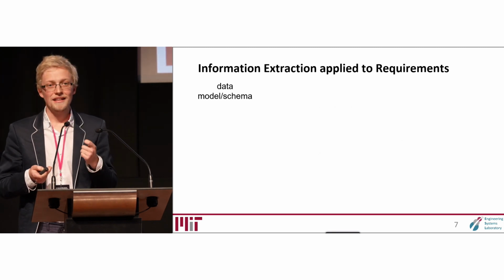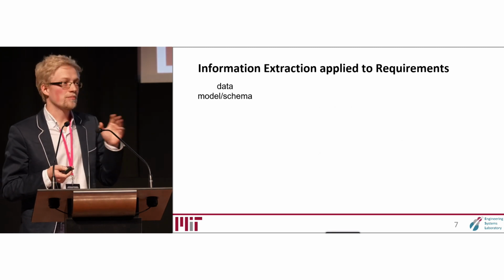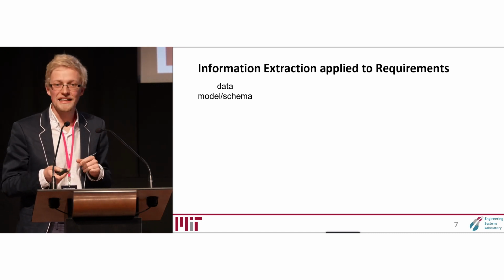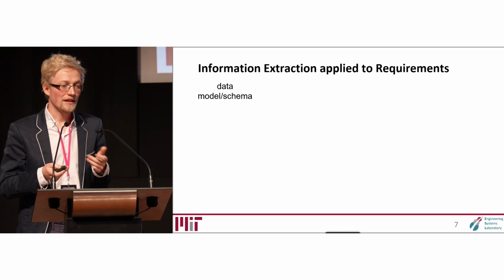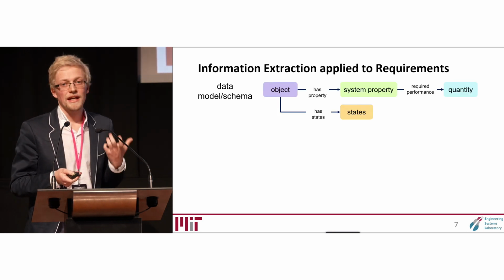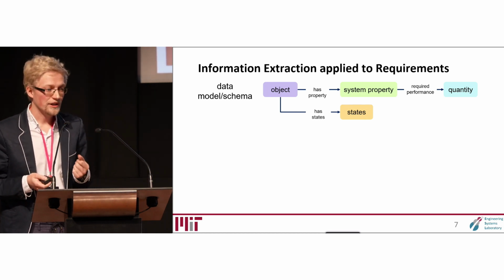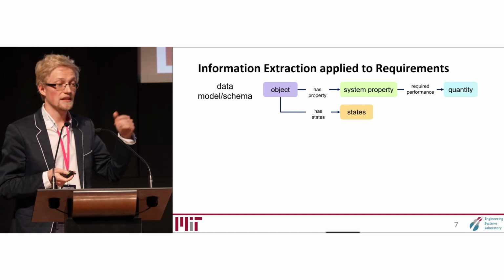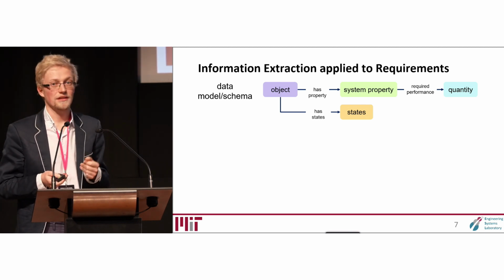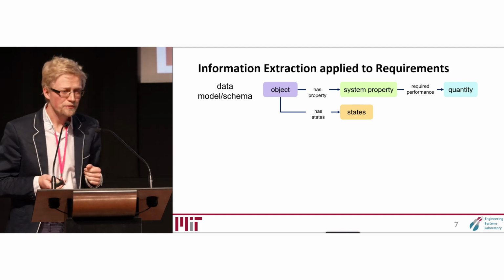So let's take a data model that's very simplified and has been arbitrarily defined, but it has some ideas that come from requirements engineering, systems engineering. Say we have 4 categories: object, system property, states, and quantity. And we have 3 types of relationships that can exist that you can see up here.